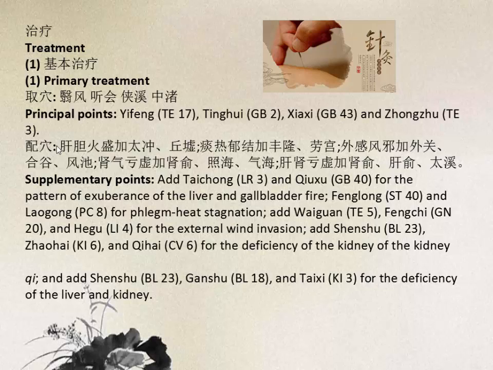Stomach 36 is not better than stomach 40 for phlegm, right? Stomach 40 is the most important point for phlegm. Gallbladder 40 because it clears the damp heat from the gallbladder channel here. Liver and gallbladder fire, it clears heat here. But if you're using it with gallbladder 34, 43 also clears heat here.